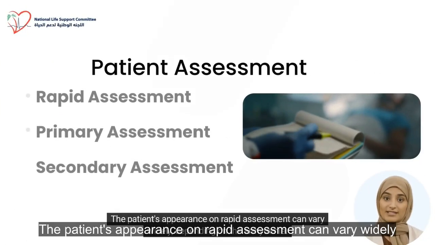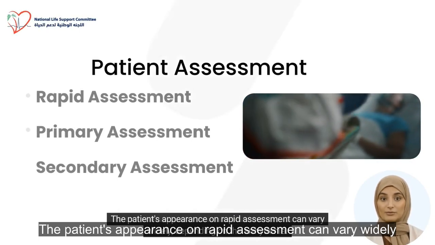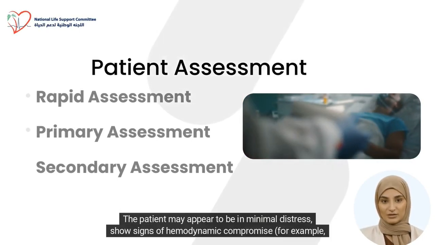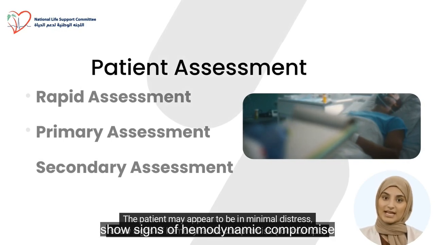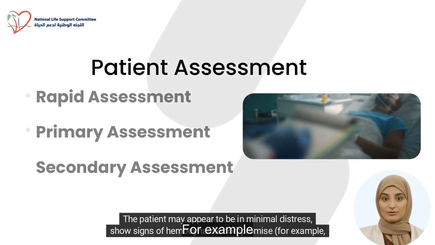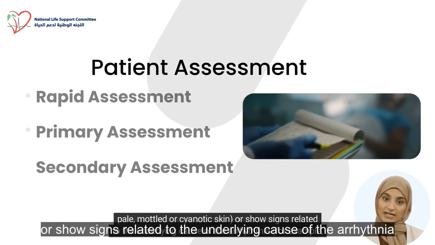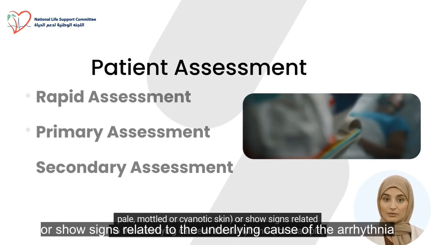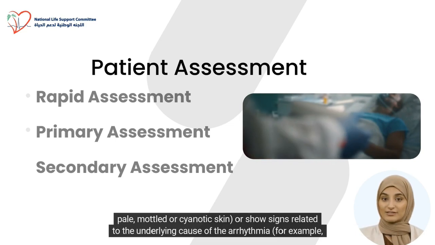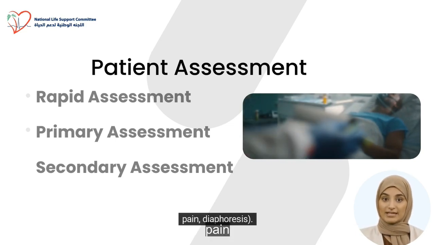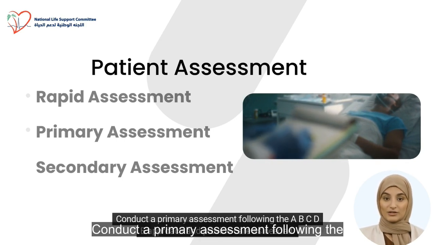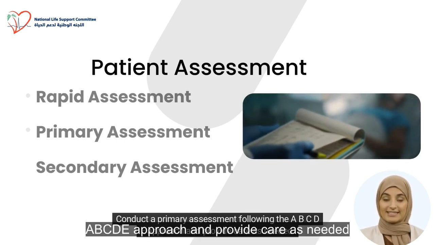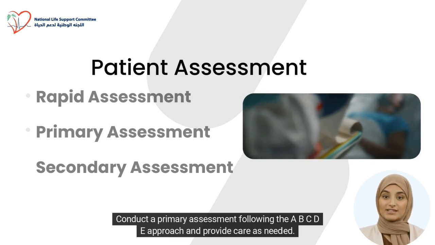The patient's appearance on rapid assessment can vary widely, depending on the arrhythmia. The patient may appear to be in minimal distress, show signs of hemodynamic compromise, for example, pale, mottled, or cyanotic skin, or show signs related to the underlying cause of the arrhythmia. For example, pain, diaphoresis. Primary assessment. Conduct a primary assessment following the ABCDE approach and provide care as needed.